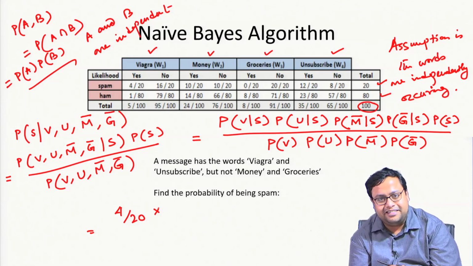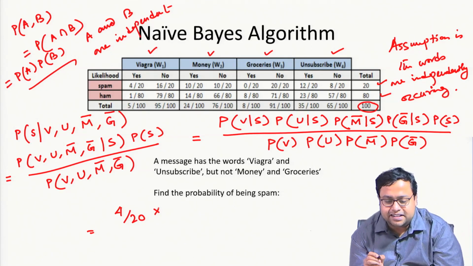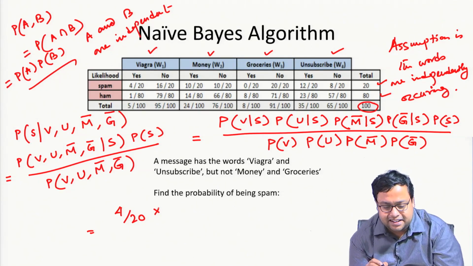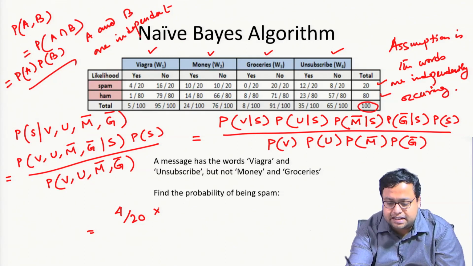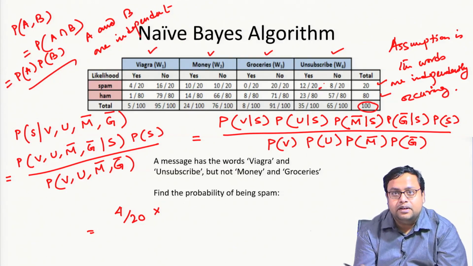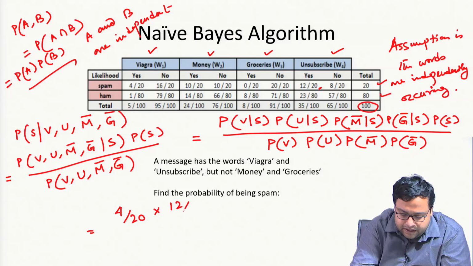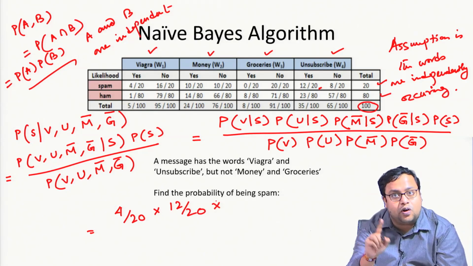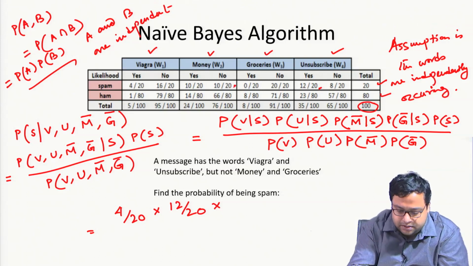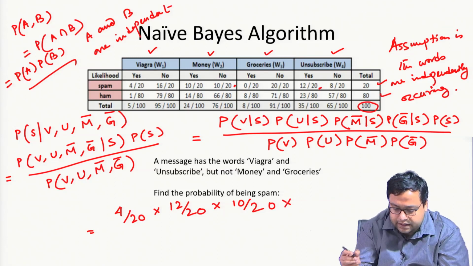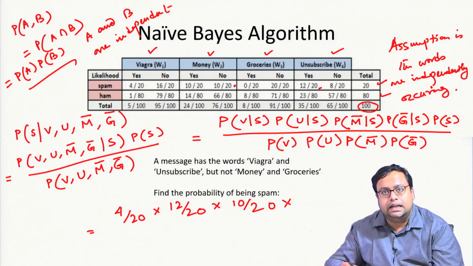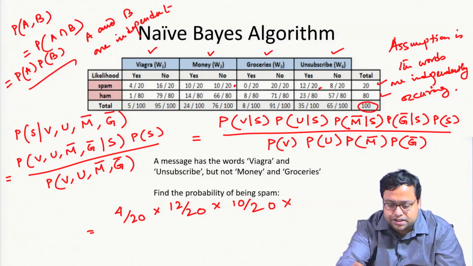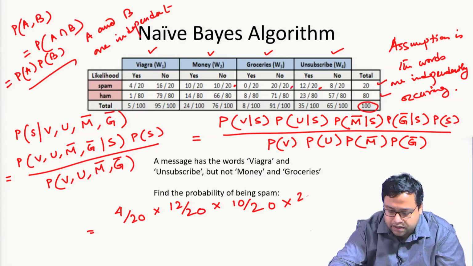Right or wrong? So, then what is U given S? U given S is unsubscribe. You see this value, so basically 12 by 20. Then what is M dash? M is not occurring, so this is 10 by 20. Then the last one is G dash, G is not occurring. So, 20 by 20.